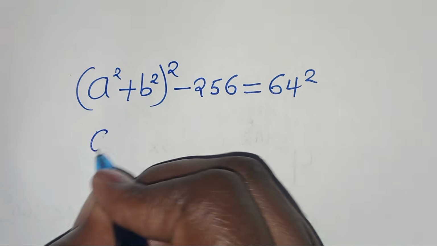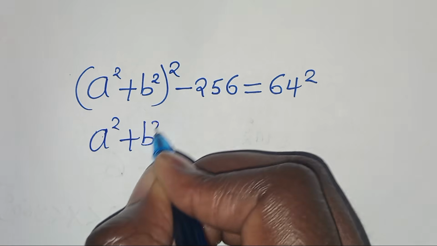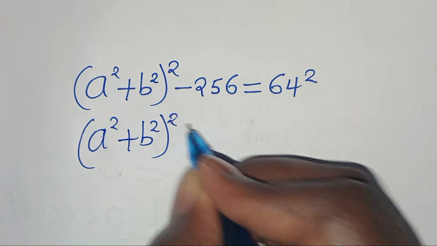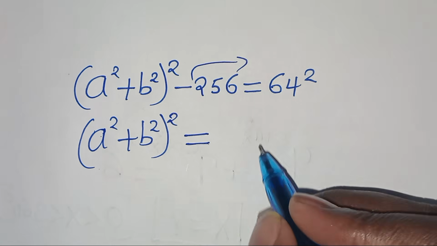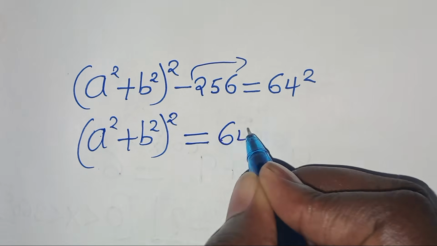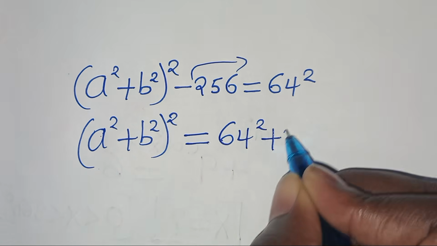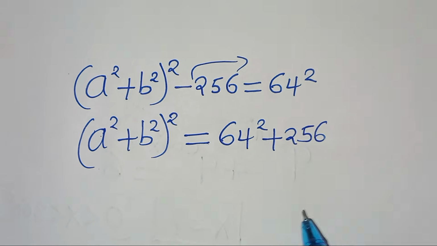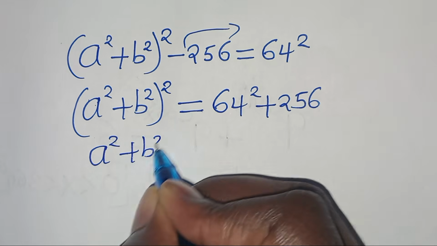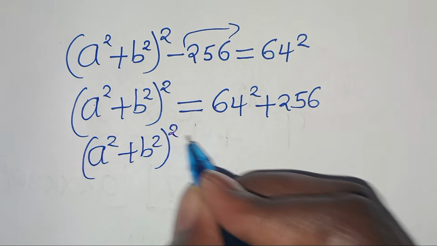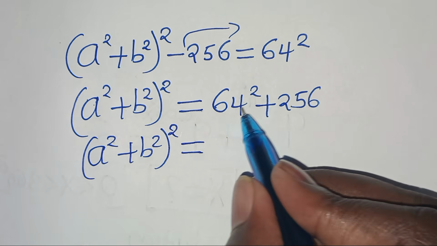So a squared plus b squared raised to the power of 2 is equal to 64 squared plus 256.